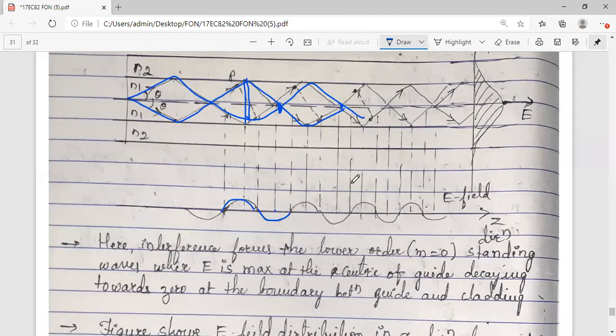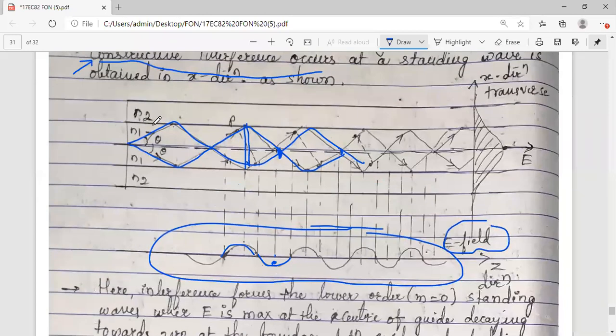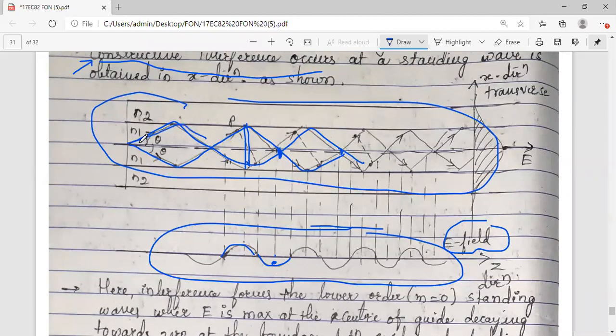Don't get confused about why we have got amplitude here. This is the figure for the electric field, how the field travels. For constructive interference, this is the figure. Whenever this is the maximum point, there is constructive interference here, then no null, you won't get it here. So this is the figure for a constructive interference example.